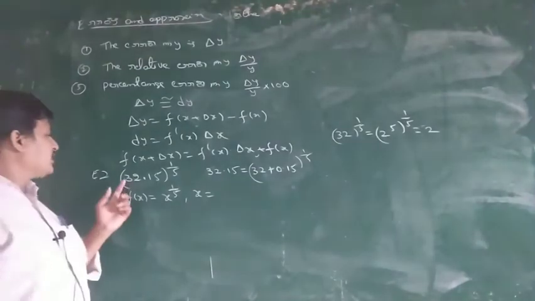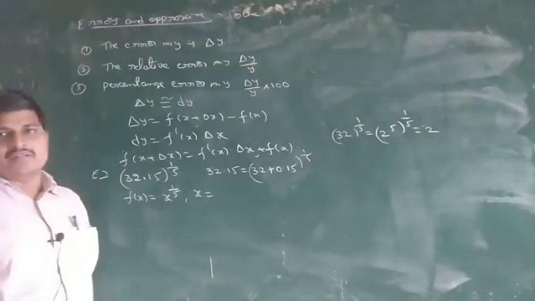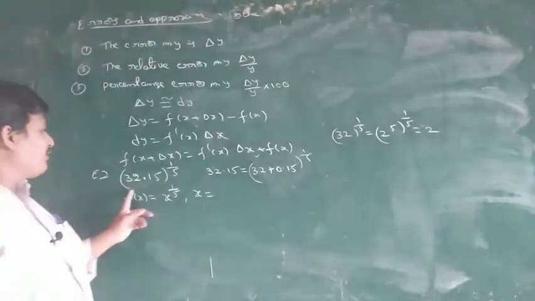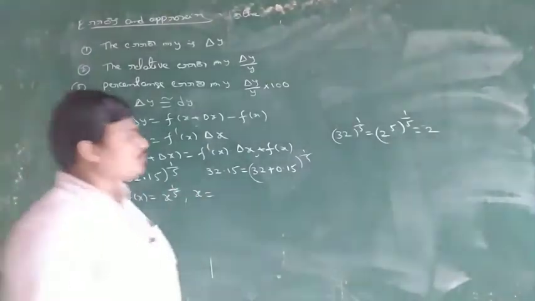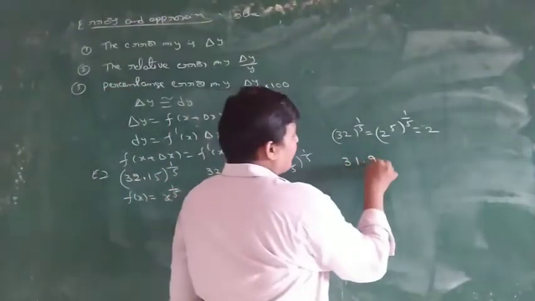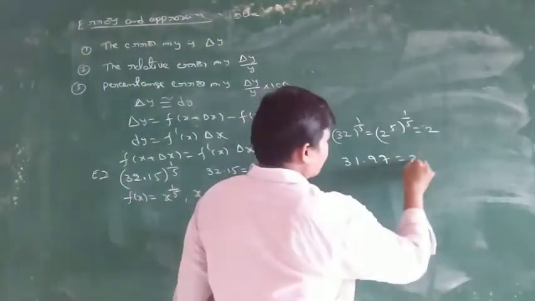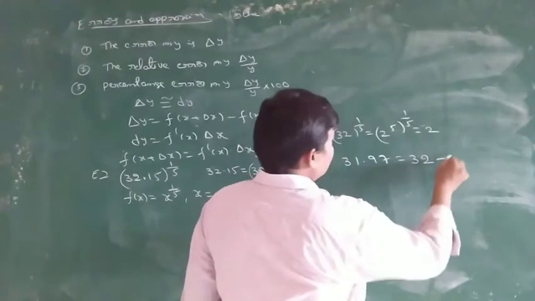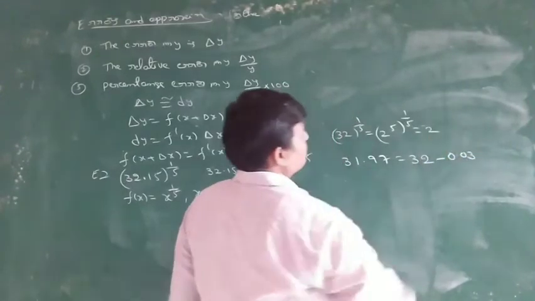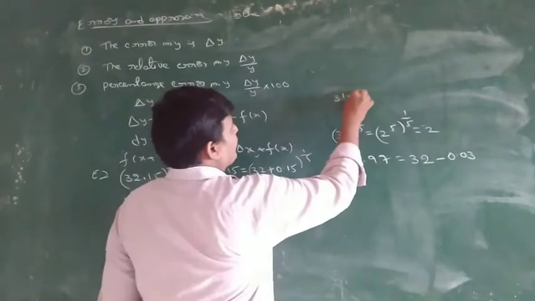Another problem, 31.9 something is given. For example, 31.97. This is also 32 minus 0.03.